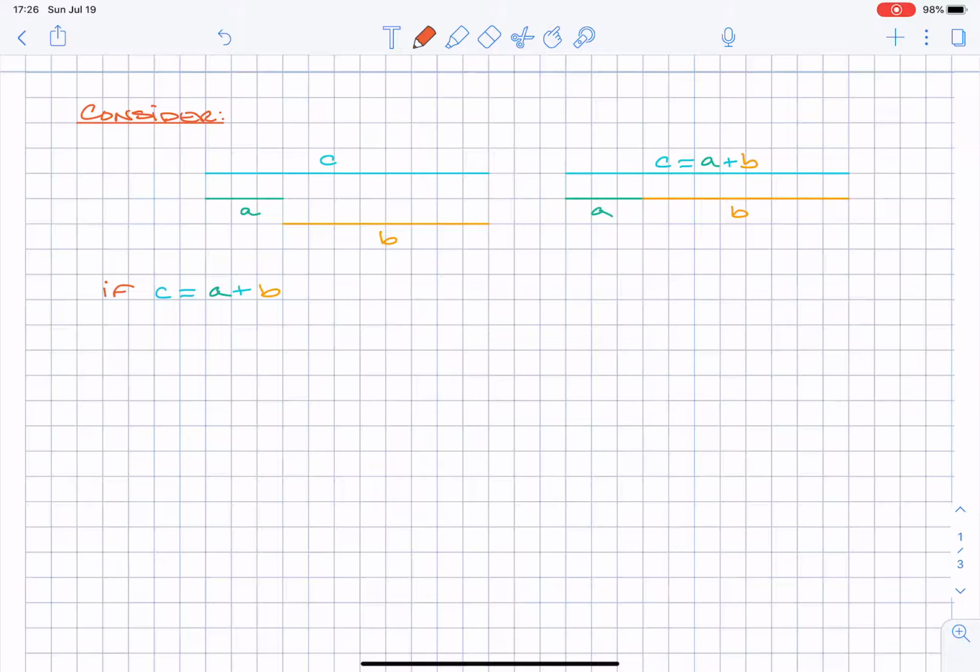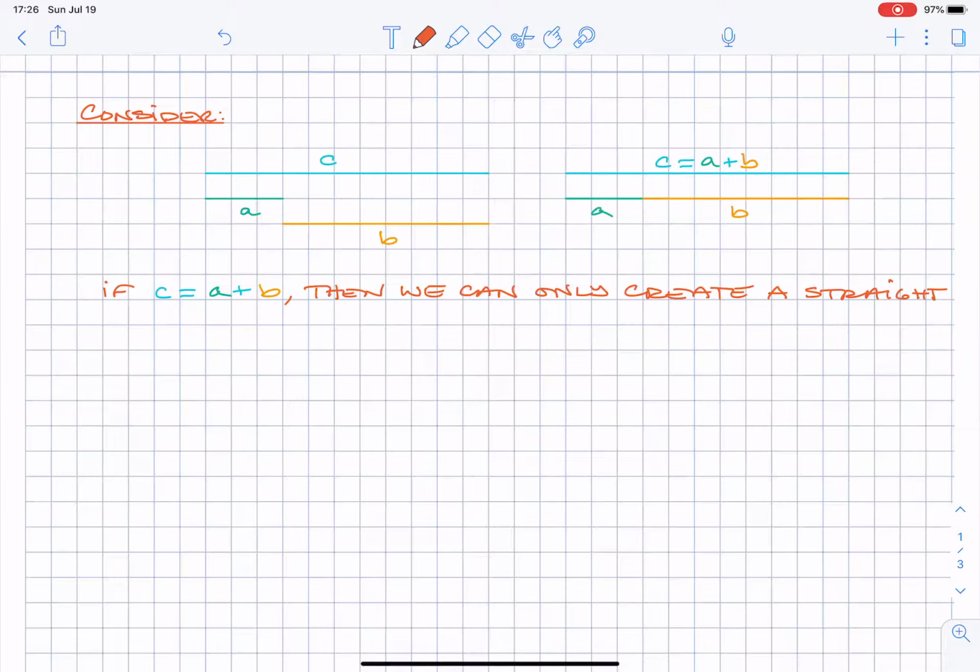Then we can only create a straight line, right? And what I mean by that, a straight line, if I put each end of each segment touching the other, a straight line.